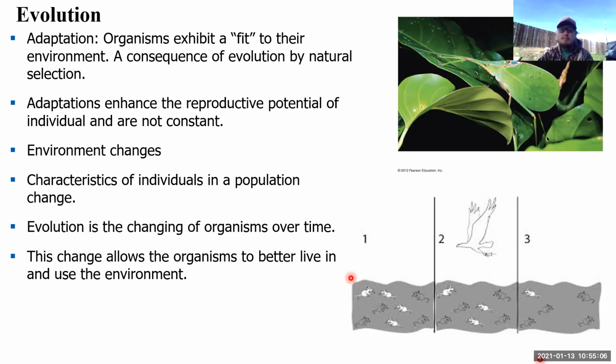Over time, the population will evolve from being white and gray mice, 50-50, to being mostly gray mice. The characteristics of those individuals in the population change over time, and that's basically what evolution is. Evolution is that change over time. Adaptation is the characteristics that favor that change, or that are being selected for through that process.